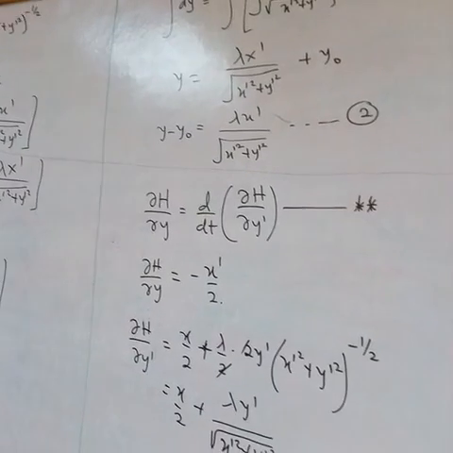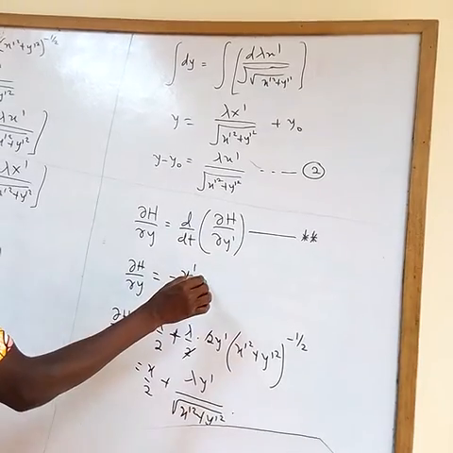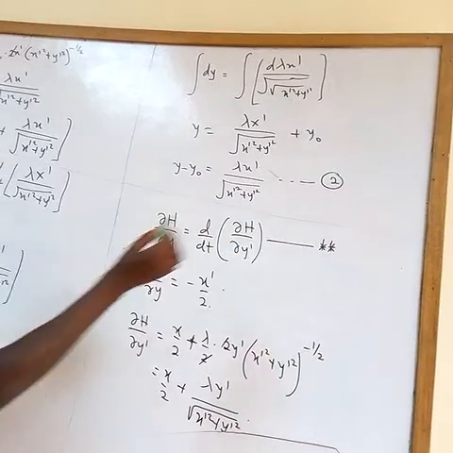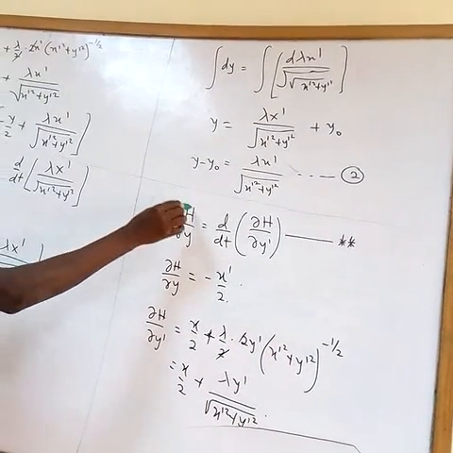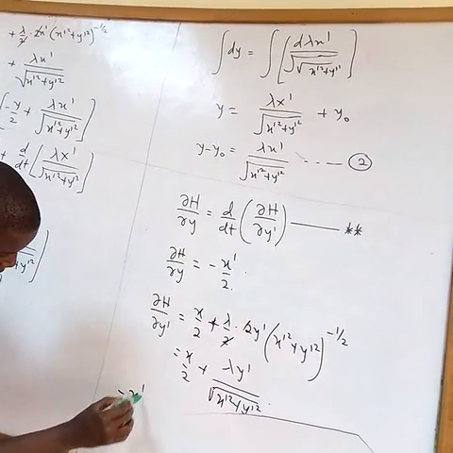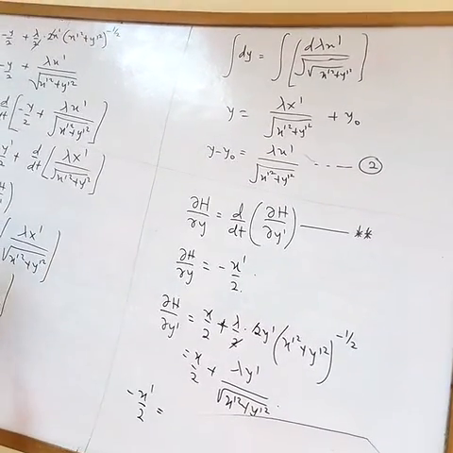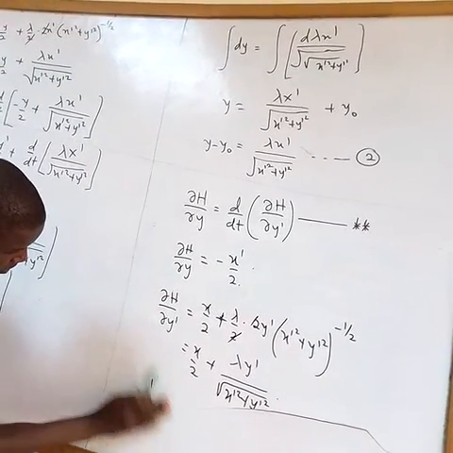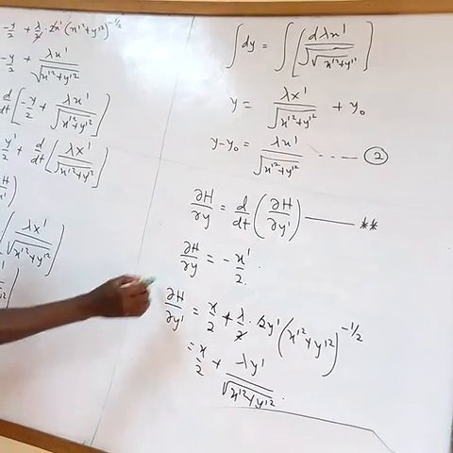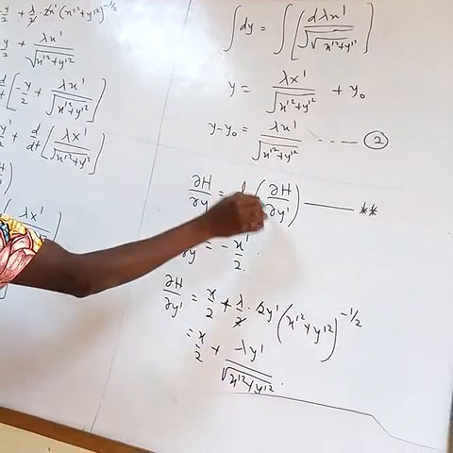So now we have to substitute this one and this into equation star star. So what is partial h, partial y? We have this: minus x prime over 2 is equal to, the next thing that I was supposed to do is to find the d dt of this particular expression.